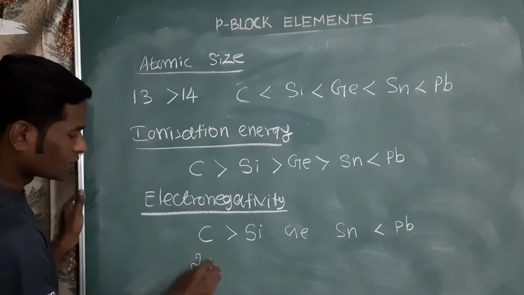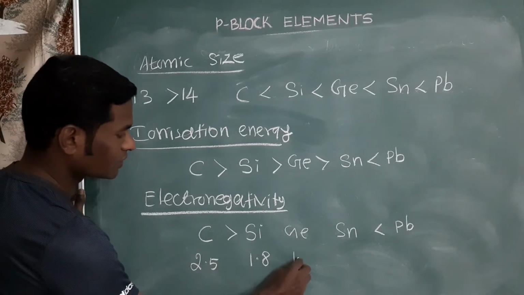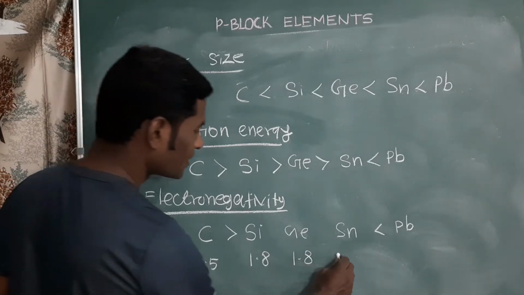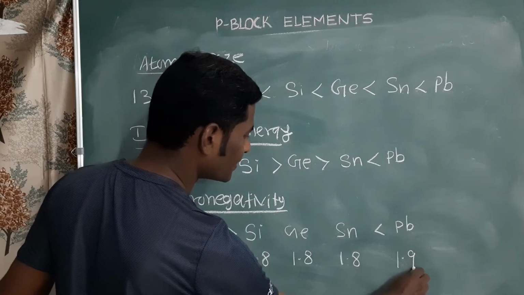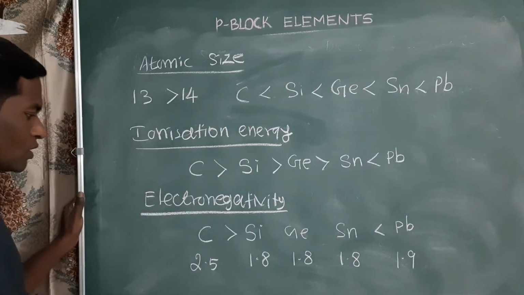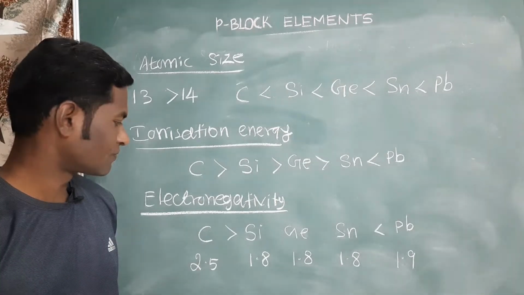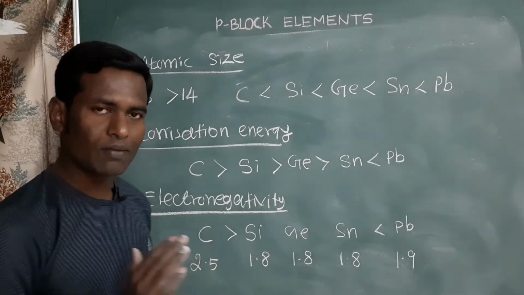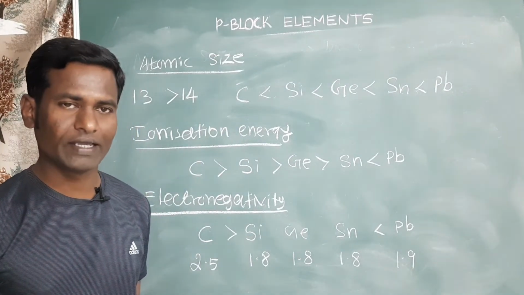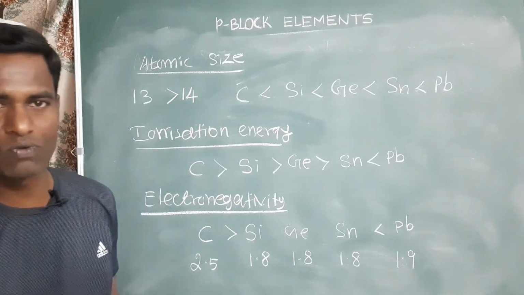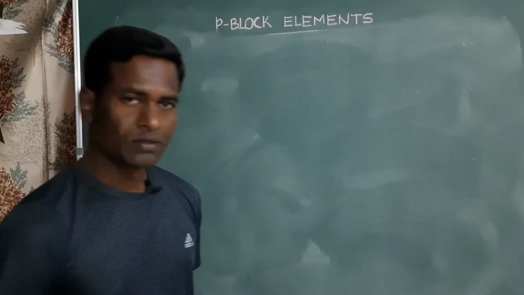Electronegativity of carbon is 2.5, silicon 1.8, germanium also 1.8, tin also 1.8, lead 1.9 slightly increases. So from carbon to silicon electronegativity decreases, from silicon to lead almost constant due to poor shielding effect of d and f orbitals. Because of poor shielding, the nucleus attracts the electrons more firmly.